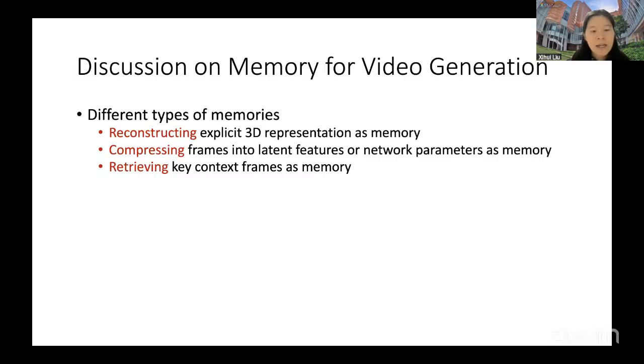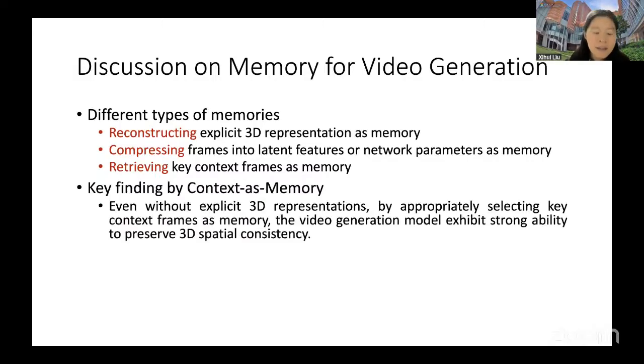For example, we can reconstruct an explicit 3D representation as memory, or we can compress the frames into latent features or into network parameters as memory. Or we can also retrieve the key context frames or the key context tokens as memory. These different types of memory may work in different types of scenarios.